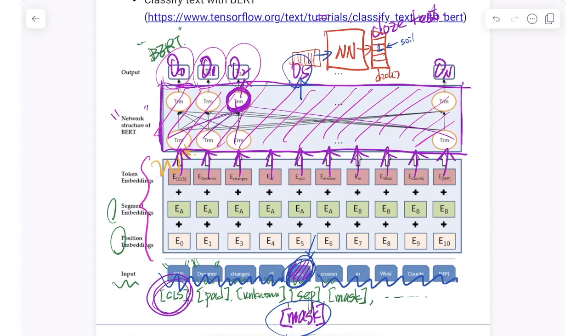And of course, that is for training. For testing, those numbers should be softmax values. You simply pick the largest one as the predicted word when you do this kind of close test.